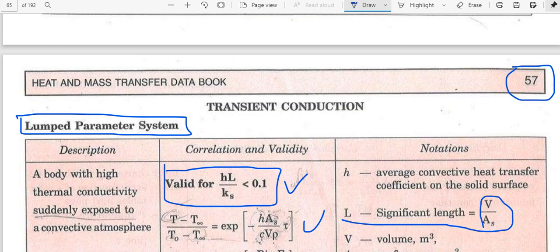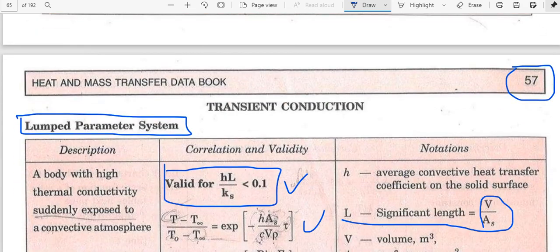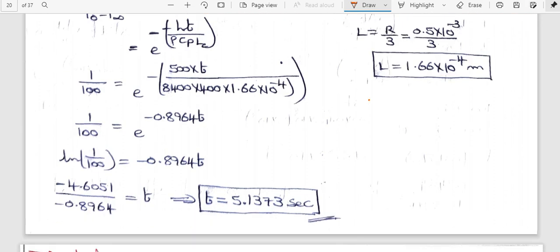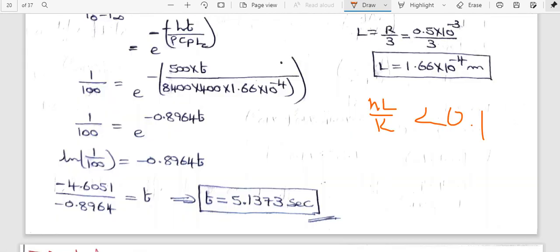Now we need to calculate the HL by K value. HL by K means the Biot number. So here we check whether the Biot number is less than 1 or not. I think this problem also has less than 1. In the examinations we have to check whether HL by K is less than 1 or not.